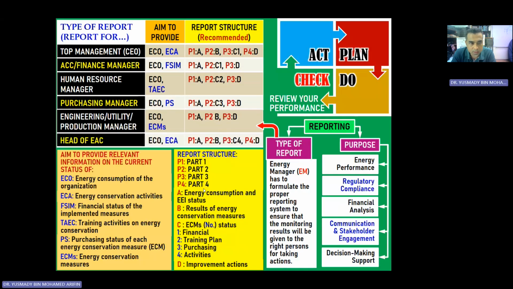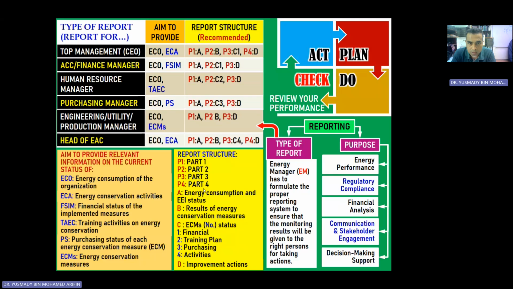And the last one is the report for the head of the Energy Accounting Center. The report will provide information in terms of energy consumption of the organization and also ECA, energy conservation activities. So the recommended report structure will be 4 parts. Part number 1 involves item A, energy consumption and also EEI status.